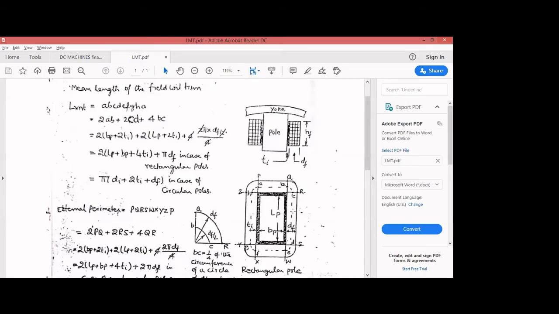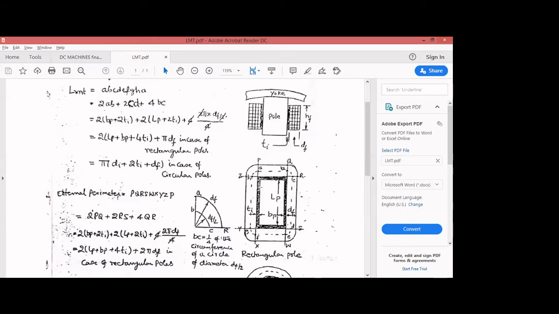2CD lengthwise, and once again TI plus 2 TI.